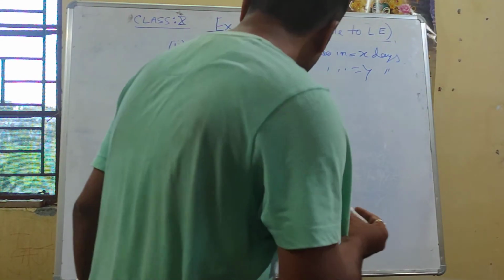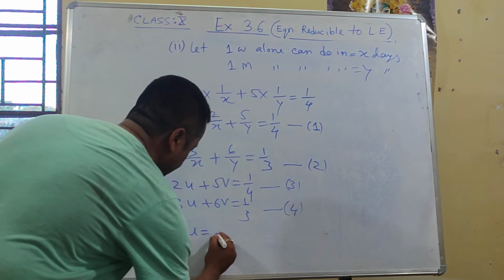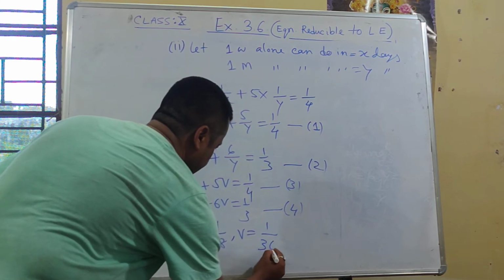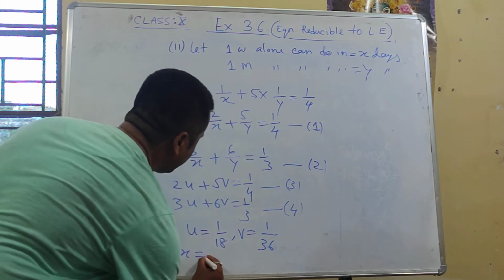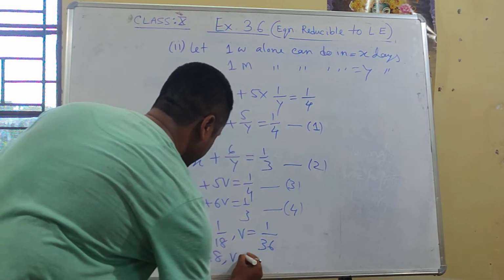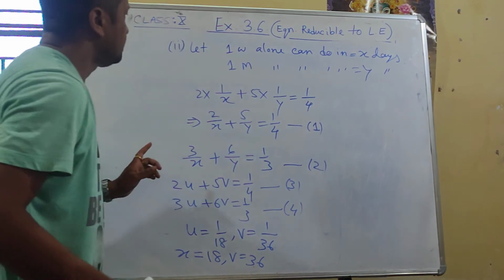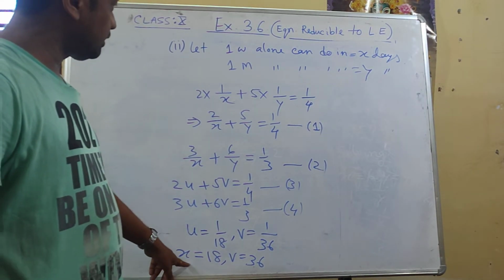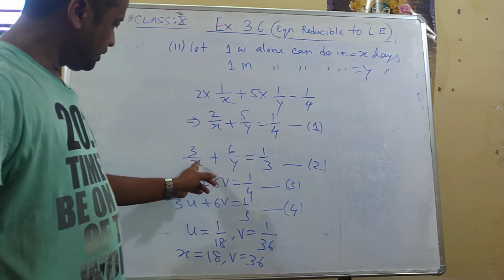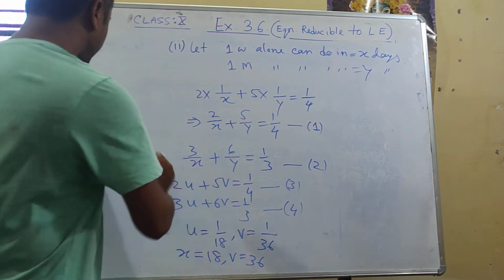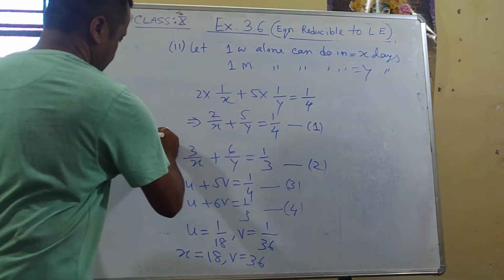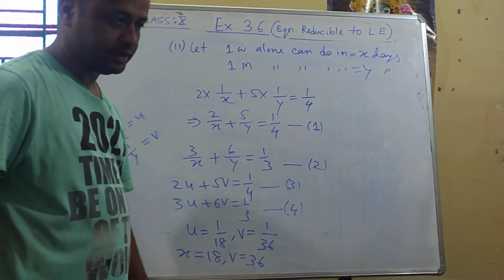Solving, you will get u is equal to 1 by 18 and v is equal to 1 by 36. That is, x will be 18 and y is equal to 36. So one woman alone can do the work in 18 days and one man alone can do it in 36 days.